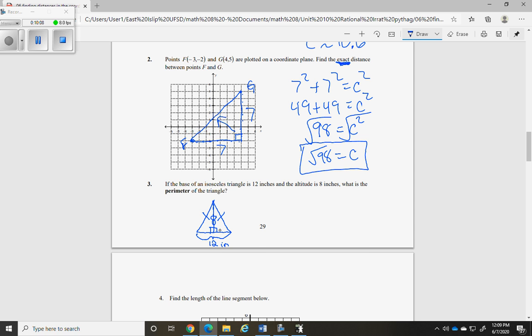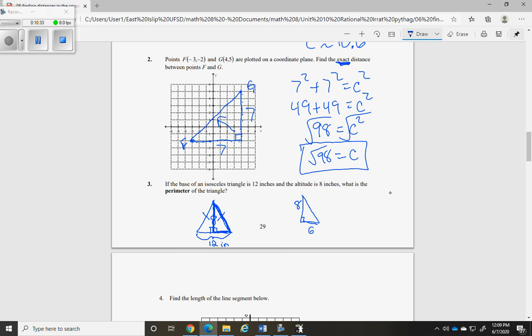It's asking for the perimeter of the triangle. To find perimeter, you need to know the lengths of the sides. So I'm going to look at this one side on the right here. Notice it's part of this right triangle. If I drew that right triangle alone, I know that this is 8, but down here is not 12 because it's half of the whole thing, so it's a 6.